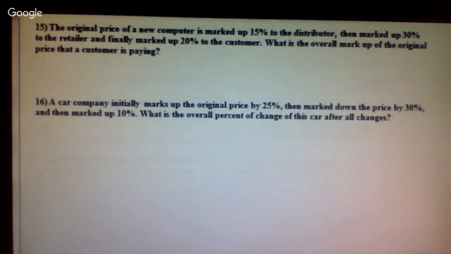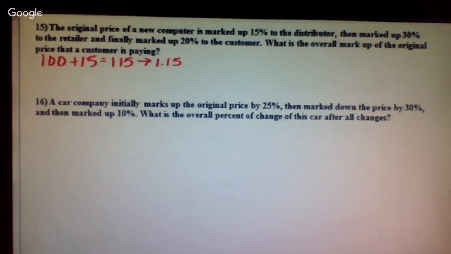Okay, so the original price of a new computer is marked up by 15%. What does that look like as a decimal? 1.15. Again, if you're struggling with this, 100 is being marked up, so we add 15, which is 115. Written as a decimal is 1.15.